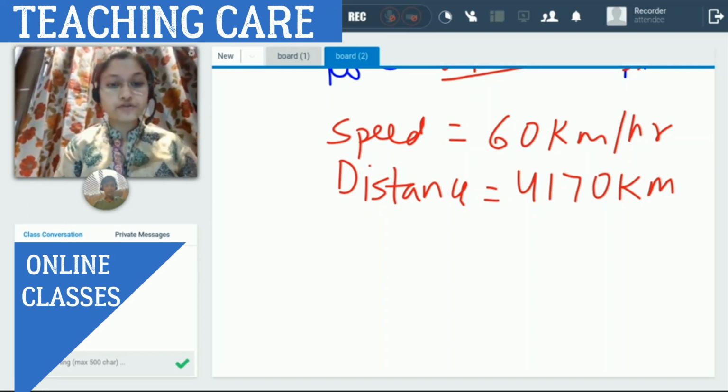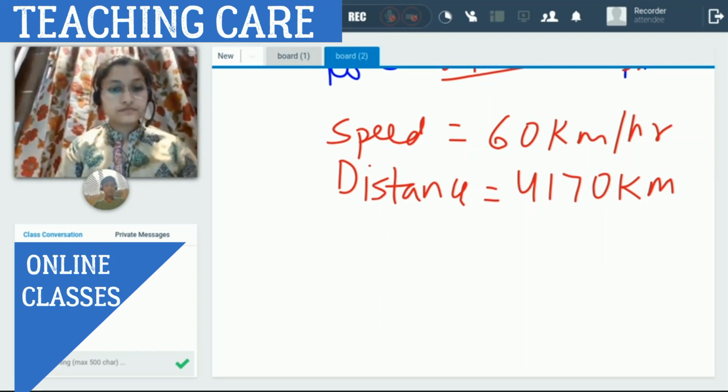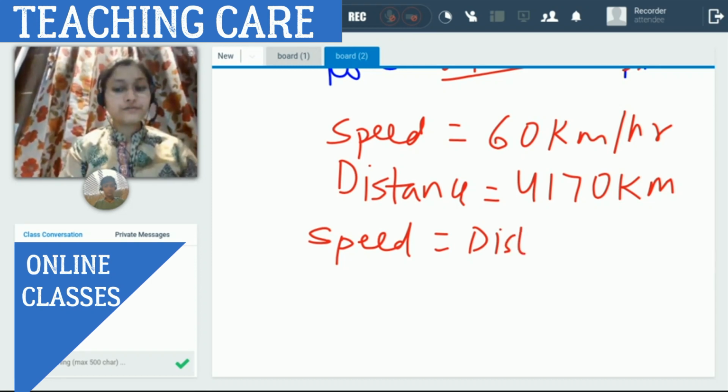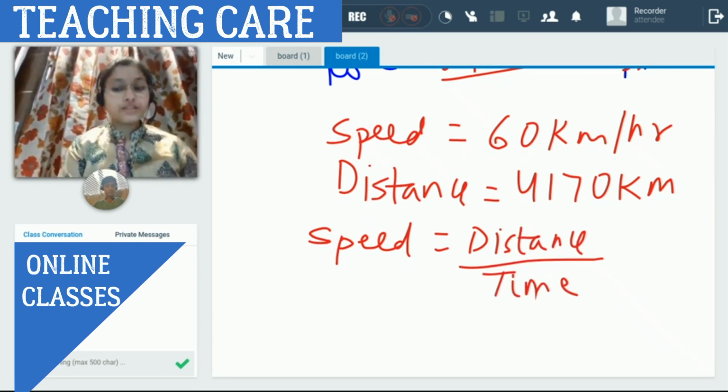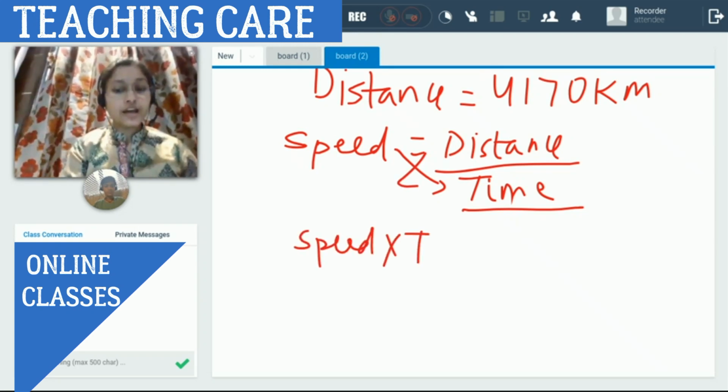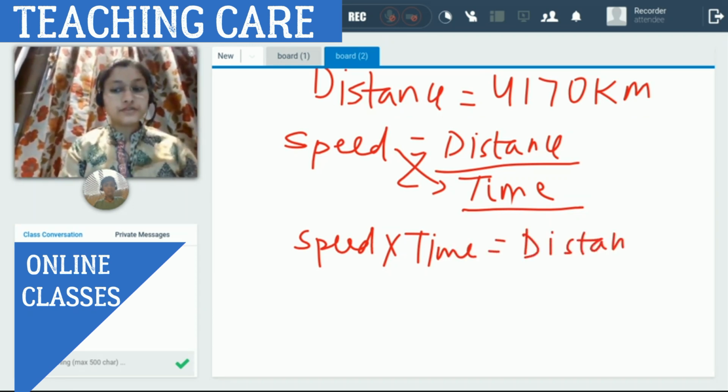Now I can calculate the time. What is the formula for time? See, the general formula is speed equals distance upon time. If I cross multiply, then speed into time is equal to distance.